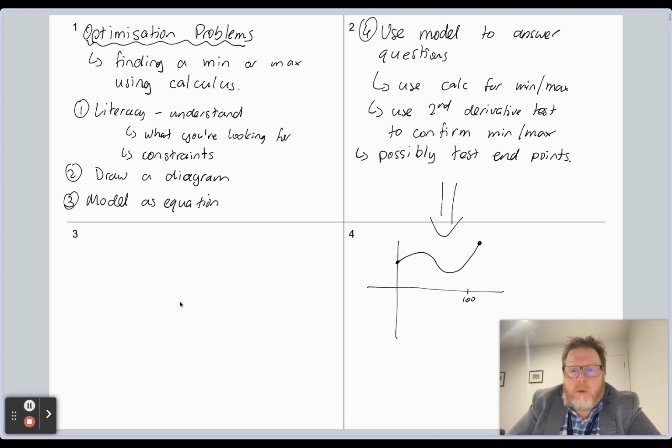Let's get stuck into a question. And look, there are so many different optimization problems with so many different angles. It would be impossible for me to cover every single possible way. The best thing you can do really is look at past exams, past test papers, get a feel for the kind of optimization problem that is being asked. And then, I know I say it over and over again, but it's important for me to say it once more.